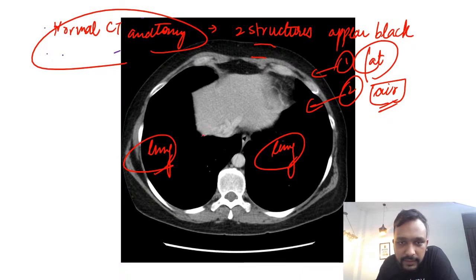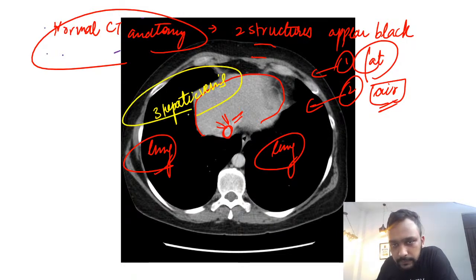Then this is the upper part of the liver, and this is your IVC, with the three hepatic veins draining into the liver, right?